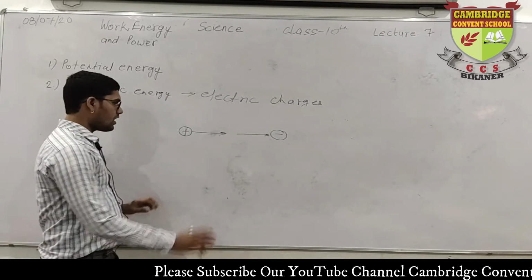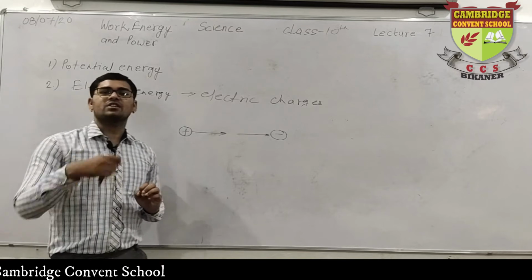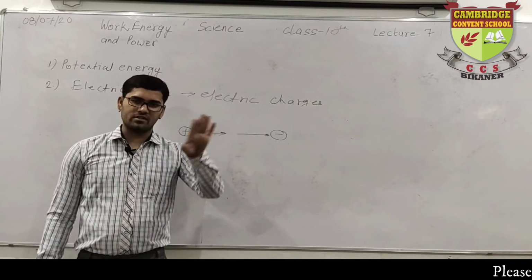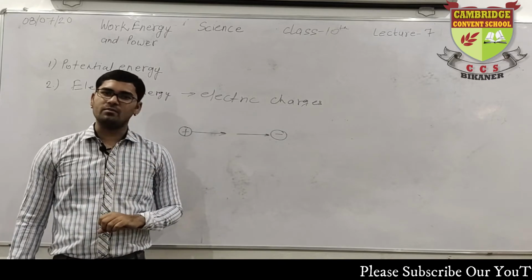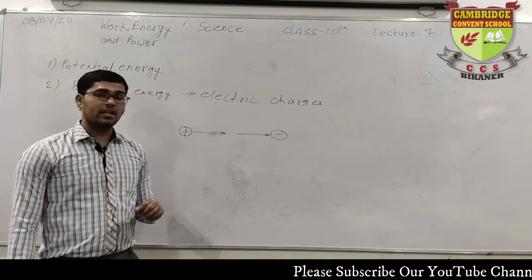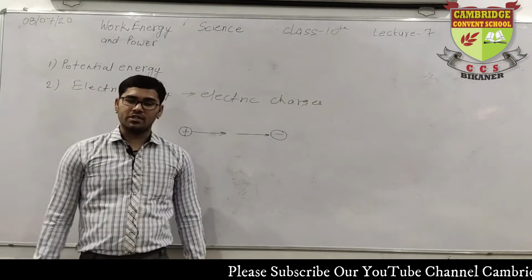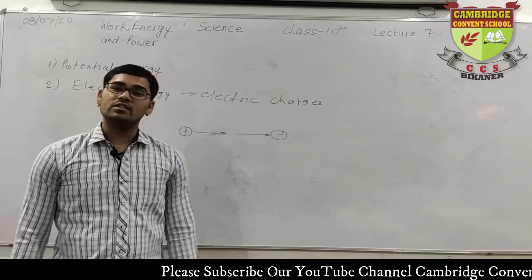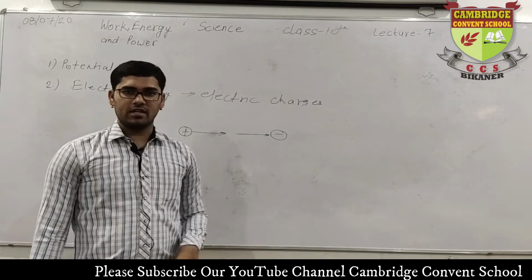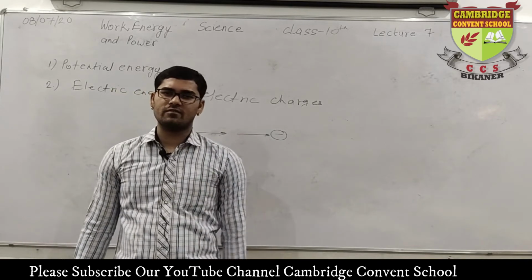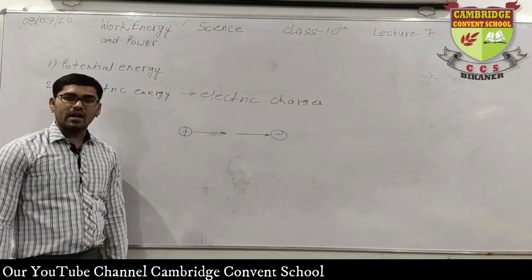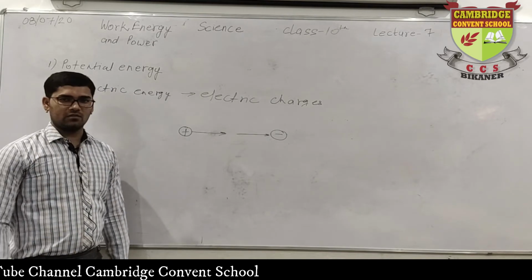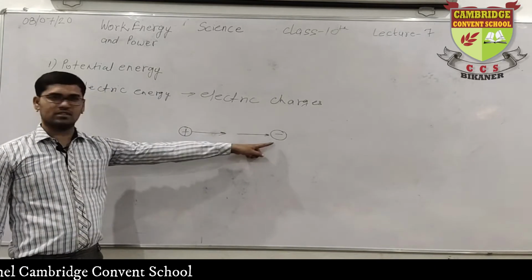Fine. So there is a direction of force, we can say. Force is a vector quantity. It is always denoted by its direction. So we must tell in which direction a positive charge applies force, and in which direction a negative charge applies force, or in which direction their electric field works. Clear? It is always shown by the direction of the positive charge. This is a positive charge, this is a negative charge.